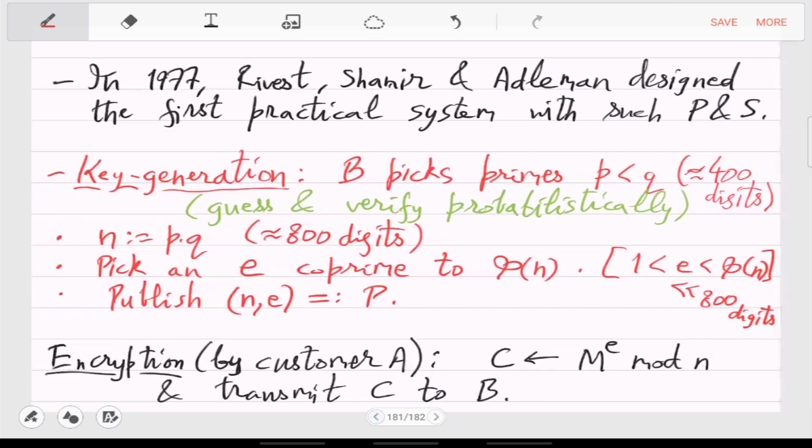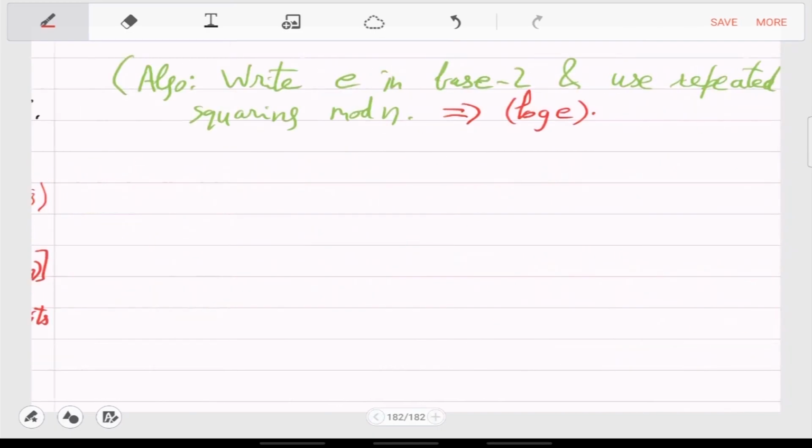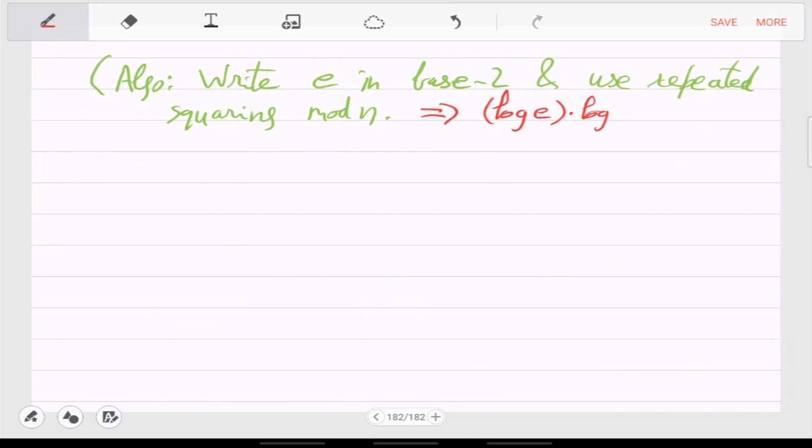So roughly speaking, this will take log of e steps. And there is also mod n arithmetic, so that's another log n. So it is not very expensive. It's also not completely cheap.